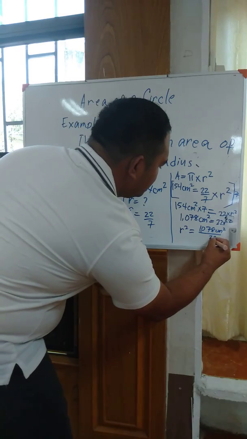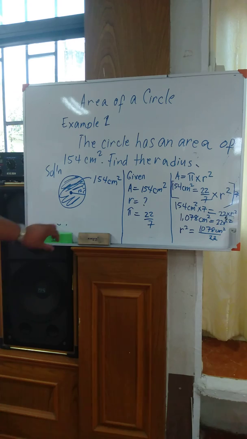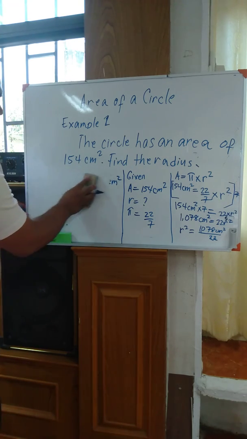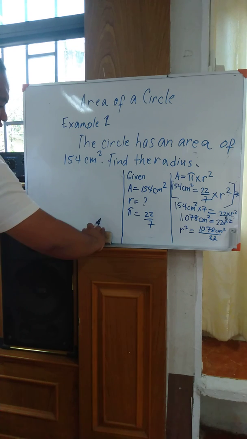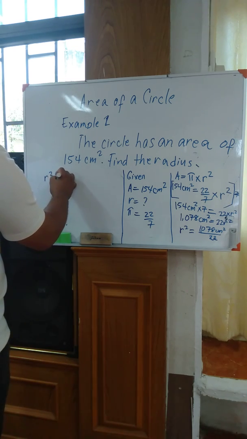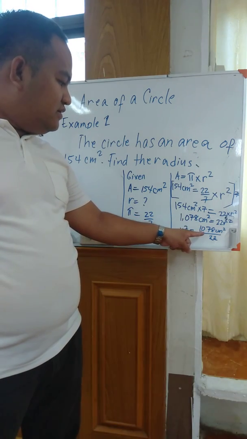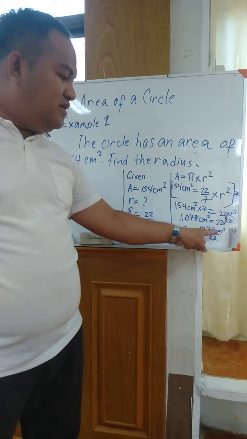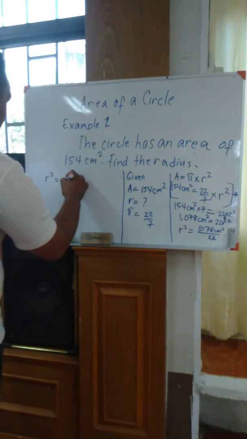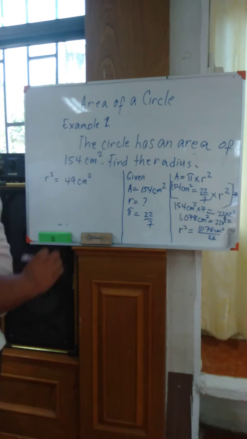So it should be this way. Okay? To continue, we have r squared is equal to 1078 centimeters squared divided by 22, which is 49 centimeters squared.